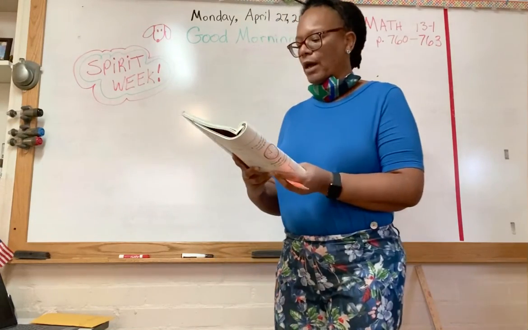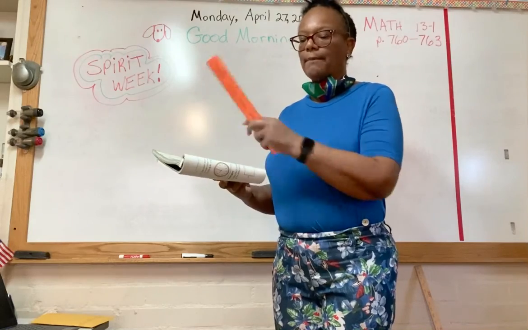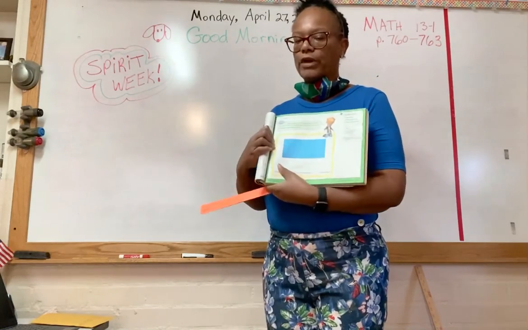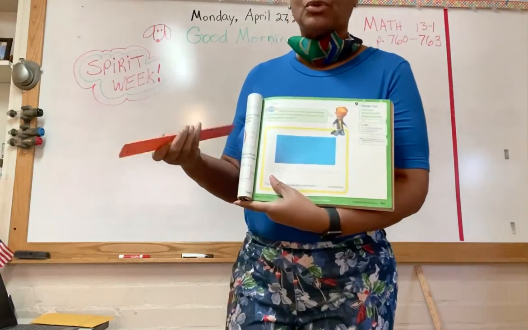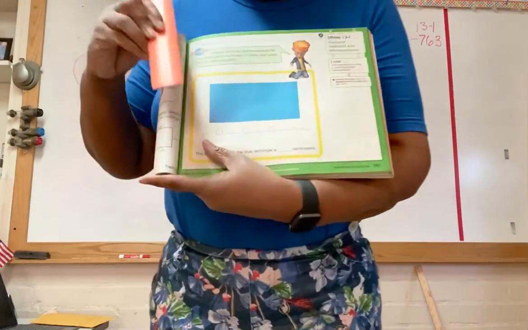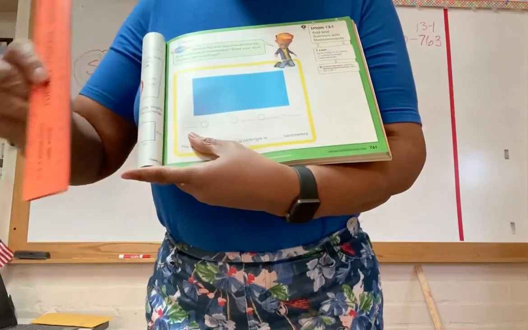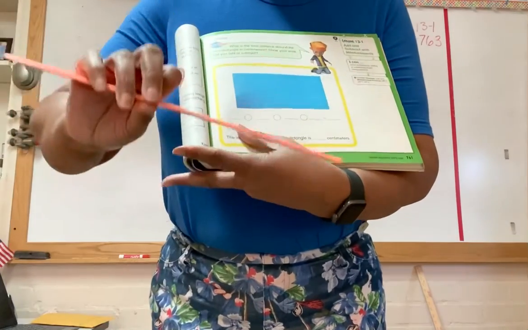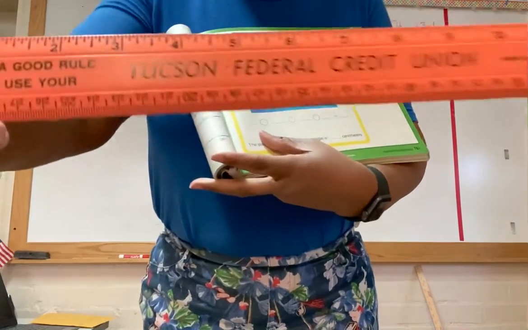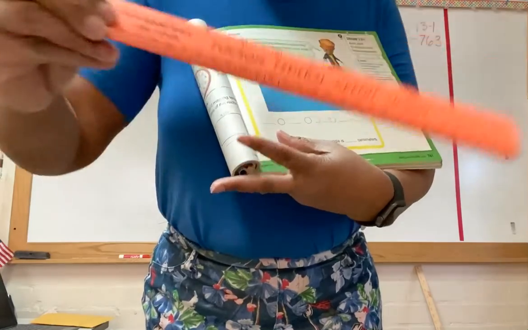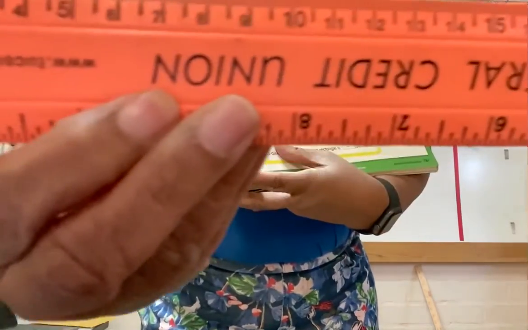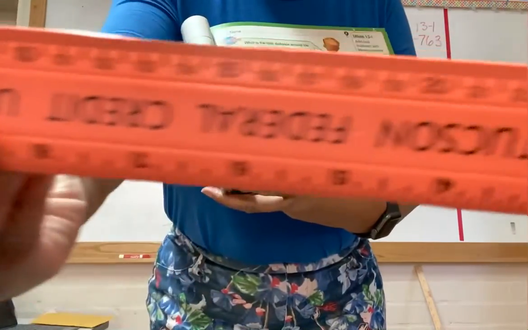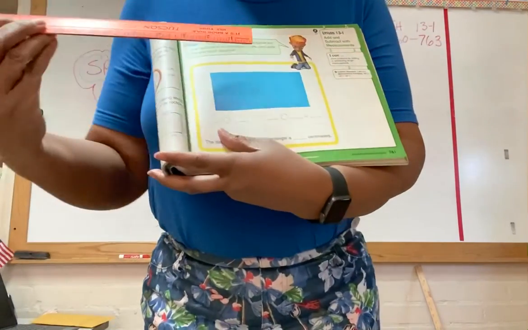Well, I would draw it on the board, but I want to measure it with my ruler right here. So I'm going to move up to the camera, and the centimeter side, see my ruler has inches on one side, and then if I turn it around, there's the centimeter side. Centimeters go all the way up to number 30.